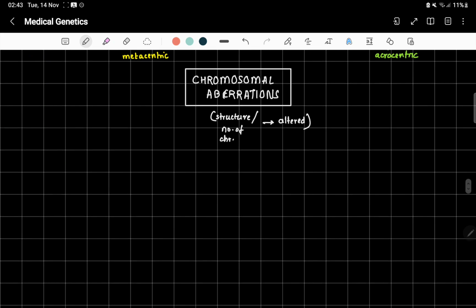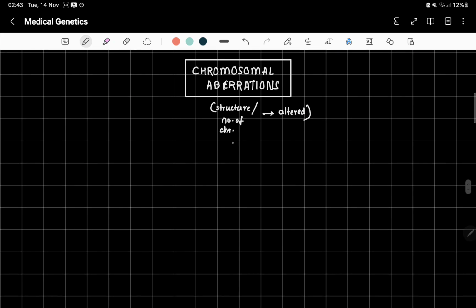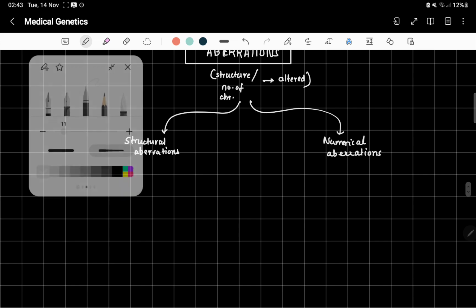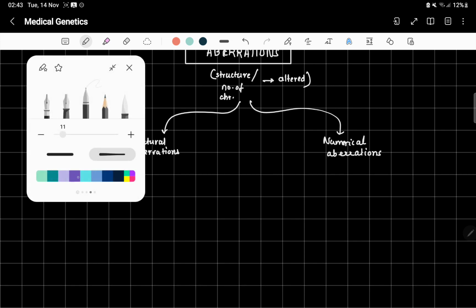Understood? The chromosomal aberrations may be divided into structural aberrations or numerical aberrations. Structural aberrations, many types are there.